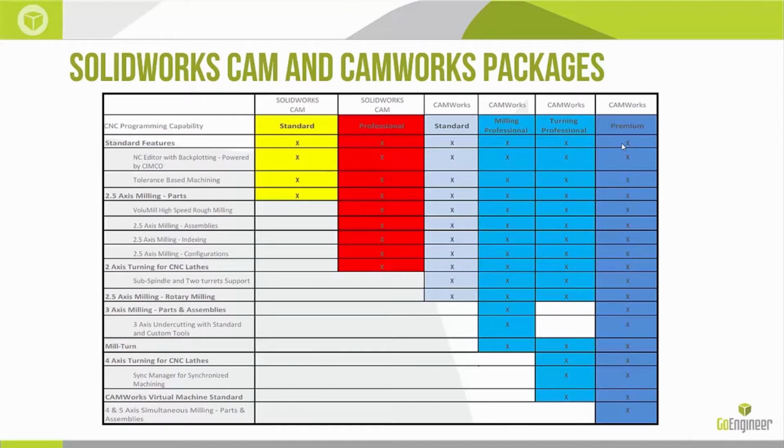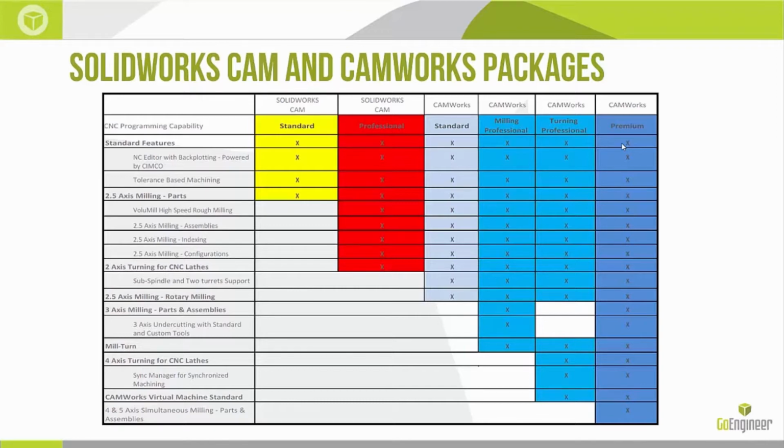The first column is the SOLIDWORKS CAM column. If you're on subscription in 2018, you actually have access to that first yellow column, the SOLIDWORKS CAM, and we've got a lot of resources for that on YouTube, and that's included with your software if you're on subscription. So try to take advantage of the CAM software, but we don't stop there.